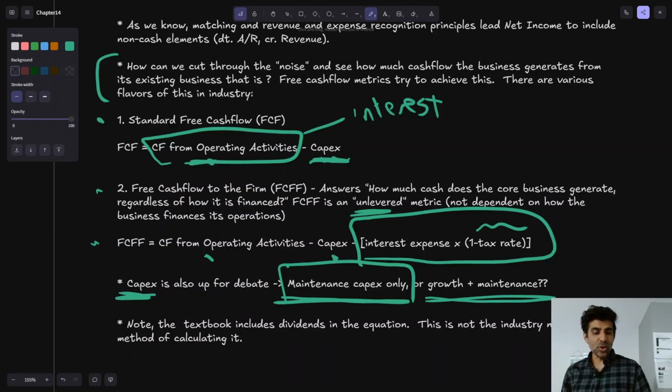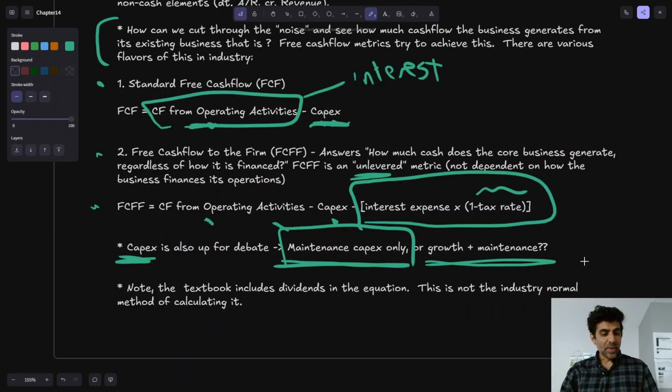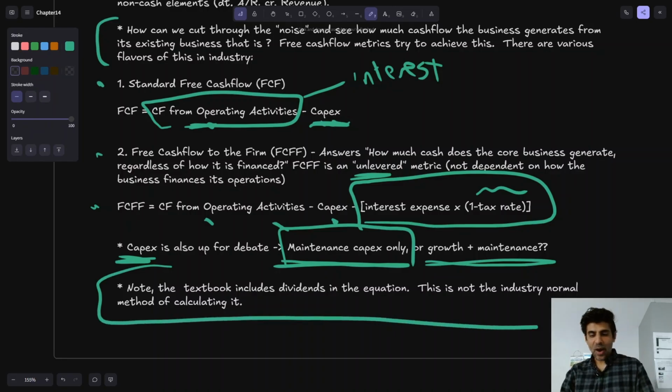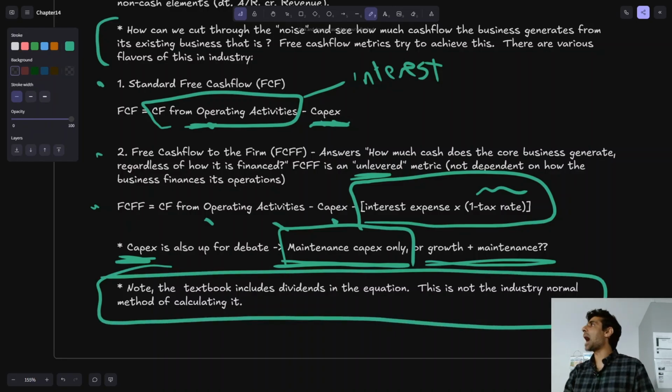Again, these are things that you as a business analyst will have to make a judgment call on. In the textbook, this is an odd thing. It's totally abnormal, but the textbook includes dividends into this. That is not industry standard. I don't know why they're presenting that, but for your homeworks, just use what the book is asking you to do, because that's what will get marked correct.